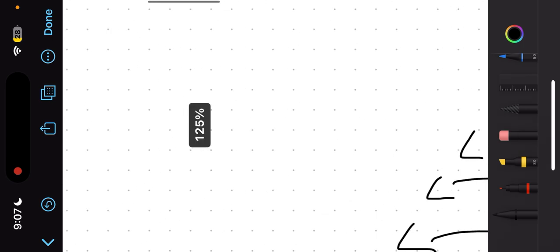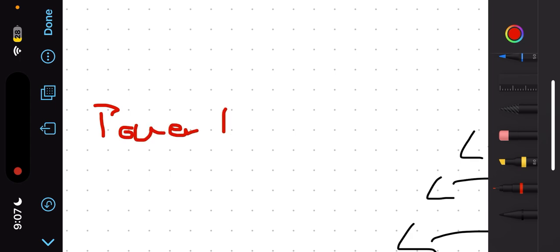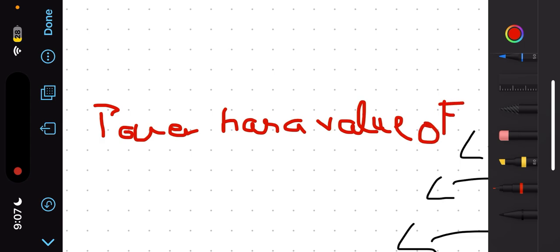In simple terms, a linear equation is when a whole equation has a power of value 1.